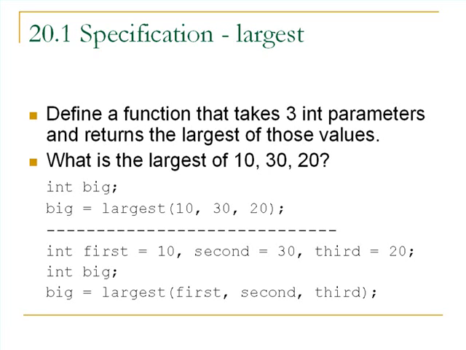It really doesn't matter, so long as when you call it, you give it 3 arguments separated by 2 commas, and each one is an int value being passed into the function. When it returns, it will return the largest of the 3 ints passed in. And in both of these cases, the variable big would then have the value 30 in it after the function returns. So let's go into the development environment and solve this problem.